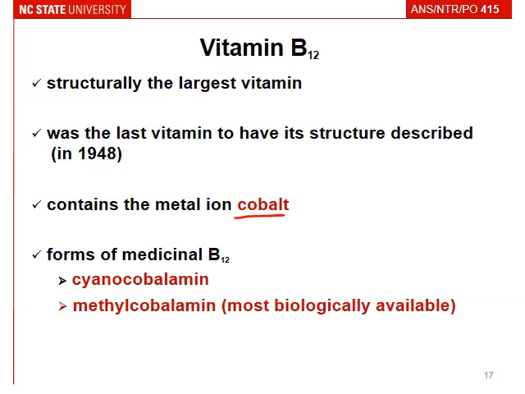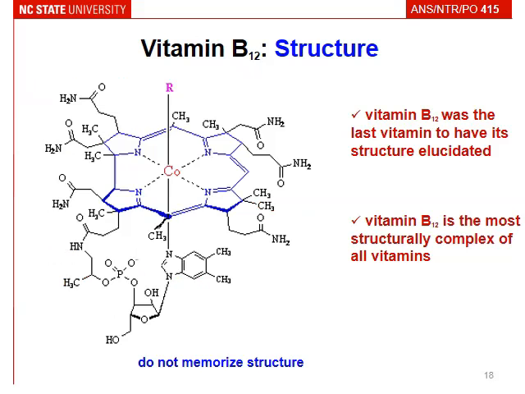I would like to state that ruminants do not have a B12 requirement. They require cobalt because the microbes are able to synthesize B12, but they need to have the cobalt within their diet in order to synthesize it. So you can see here how complex the structure of B12 is.